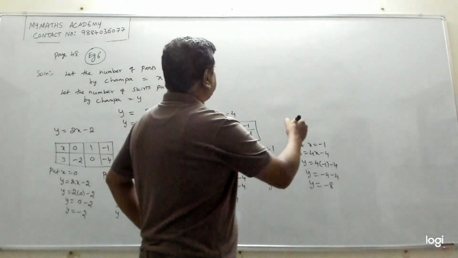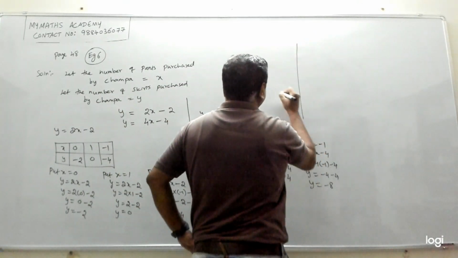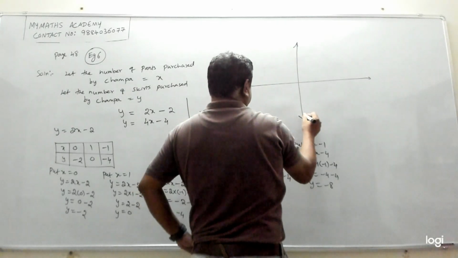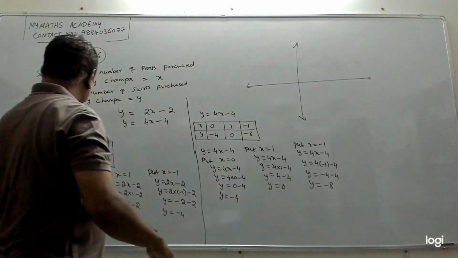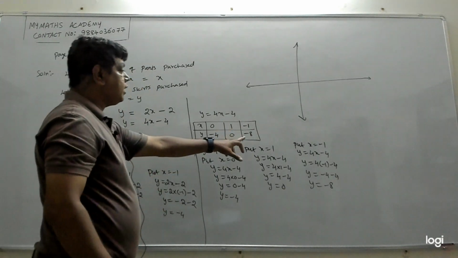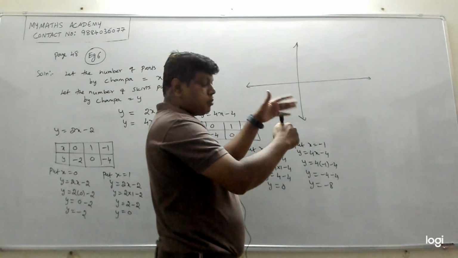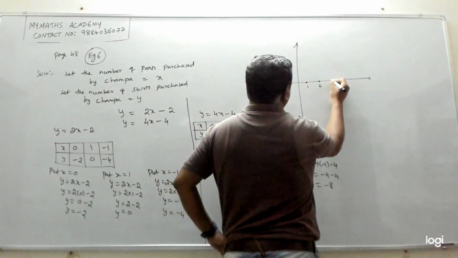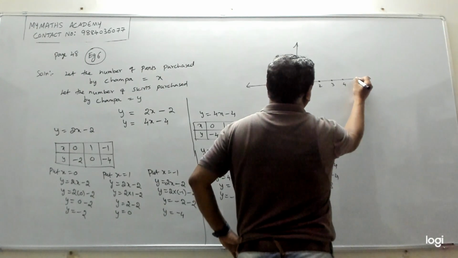So we put x and y axis. You have to do this in your graph sheet. So we have x. What is the maximum value for x? X is 0, 1, minus 1 only. Y maximum value goes till minus 8, which means we should have minus 8 here. So we'll take 1, 2, 3, 4, 5.